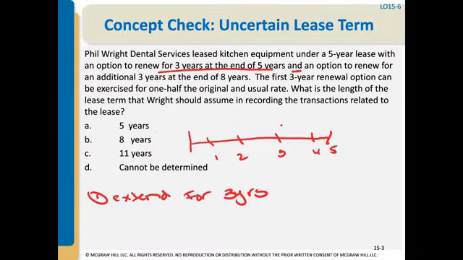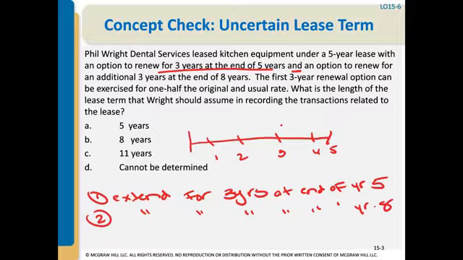So we can extend for 3 years at the end of year 5, and then the second option is to extend for another 3 years at the end of year 8.